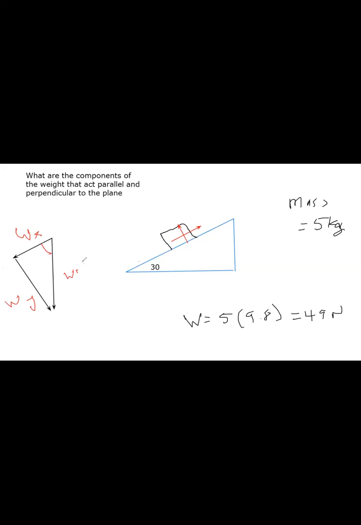And we know the weight is 49 newtons. Now this angle here is 30, so if I draw a drop down, this angle here is 60. So our angle here is 60 degrees.